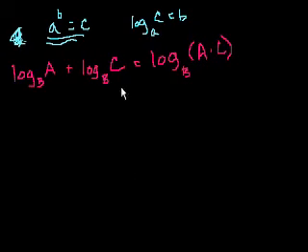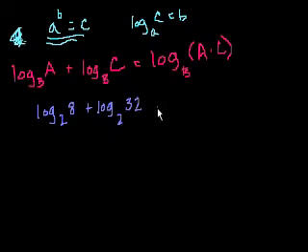Now what does this mean and how can we use it? Let's even try it out with some examples. Let's say logarithm base 2 of 8 plus logarithm base 2 of 32.